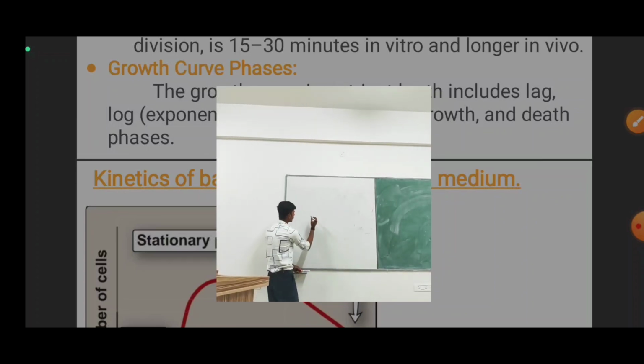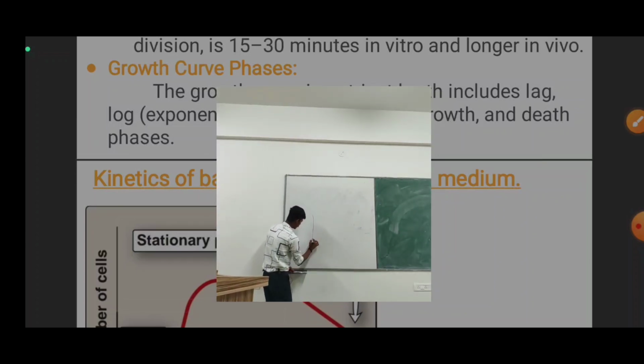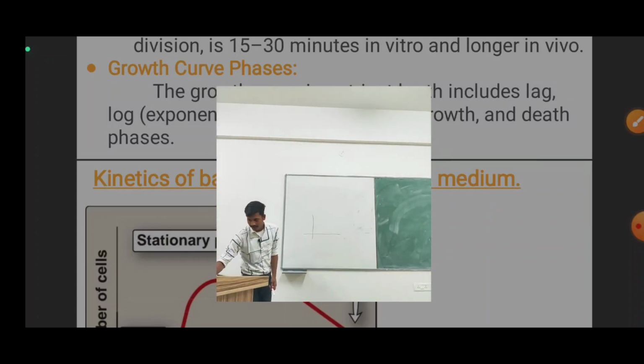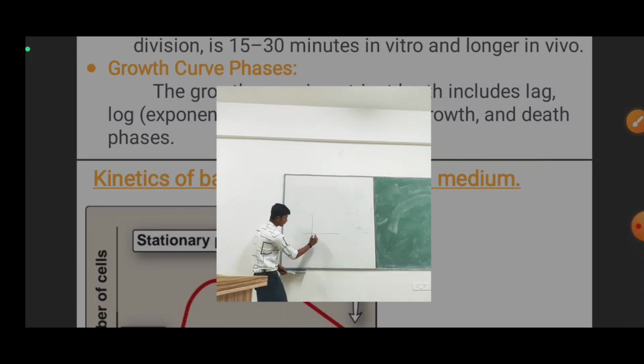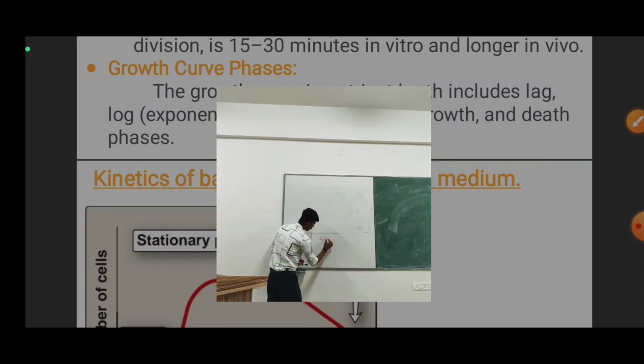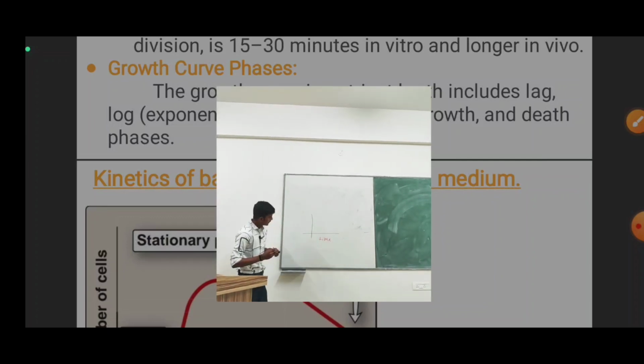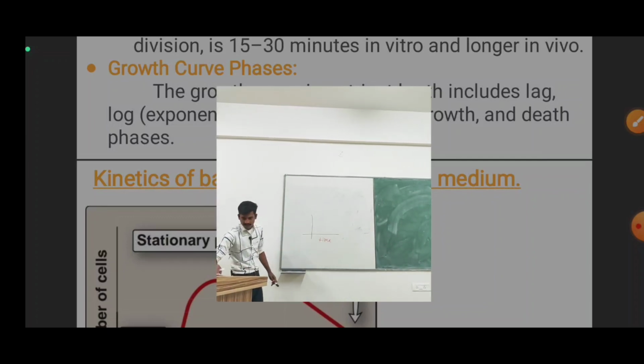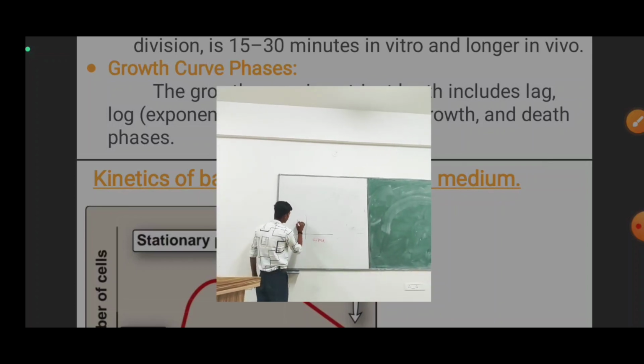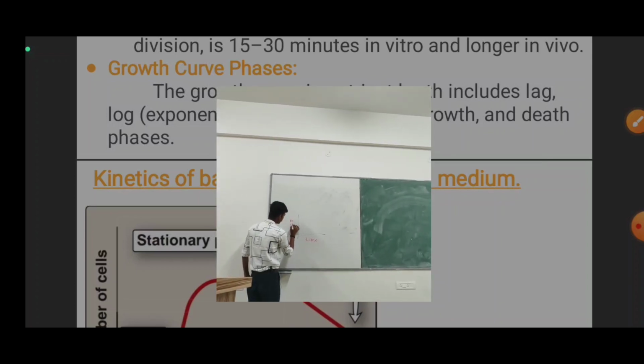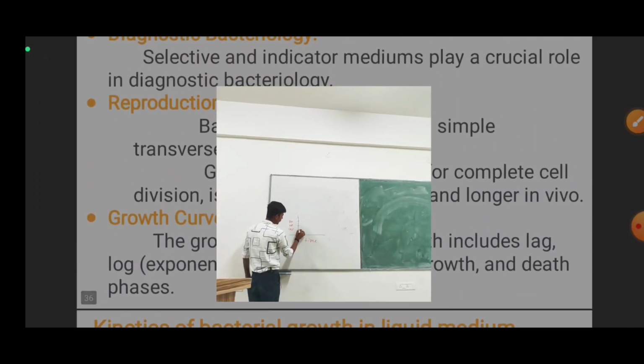In the bacterial kinetic graph, they simply draw one graph. On one axis they take the time, and on the other axis they take the number of cells, and they mark the scale.